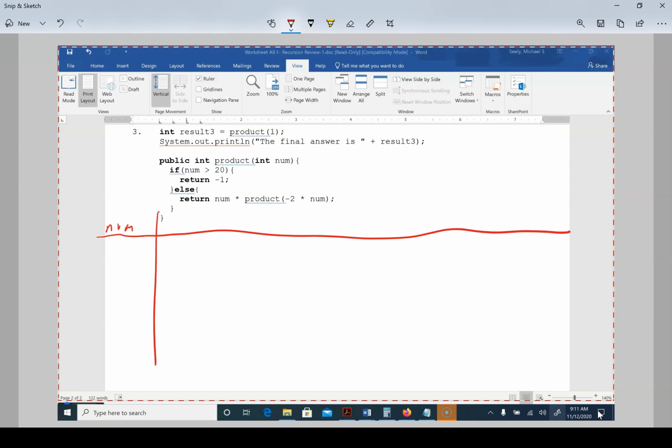Num is 1. Then what do we got? num times p of -2 times num, and we pop up the stack.